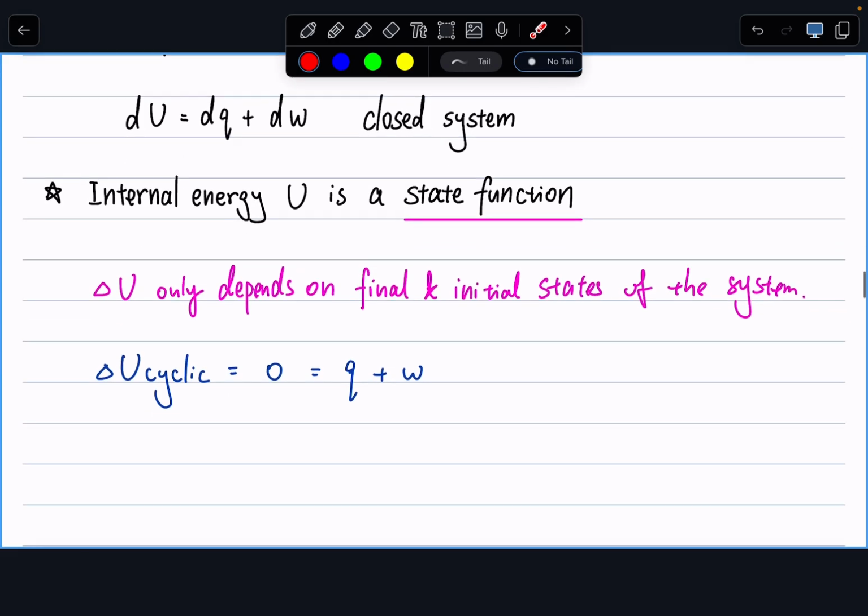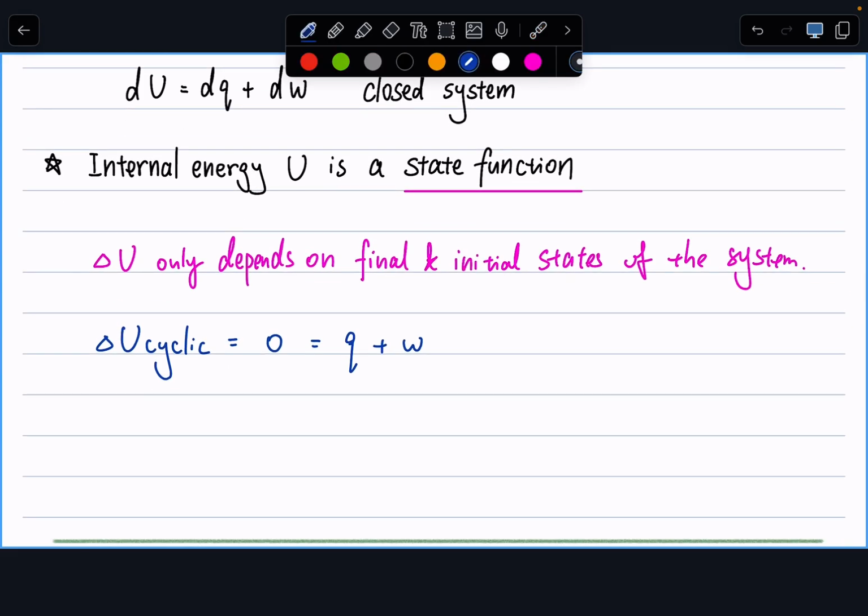And a few terminologies to keep in mind. Whenever you see this delta U, it only tells us this is the final internal energy minus the initial internal energy, right? It's always final minus initial.